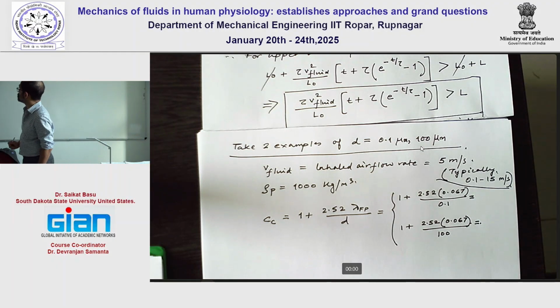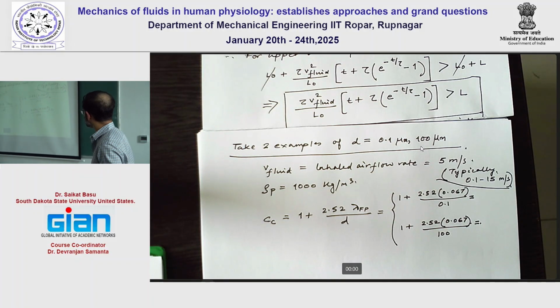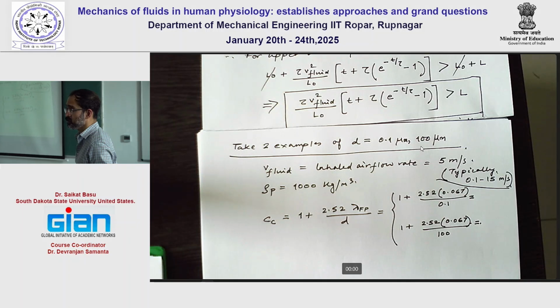Can you give me these two numbers? And let's stop here, because after this I'm going to run that code and try to explain the code, so that will take a while. So let's calculate these CCs and then we can pick up the rest of it.